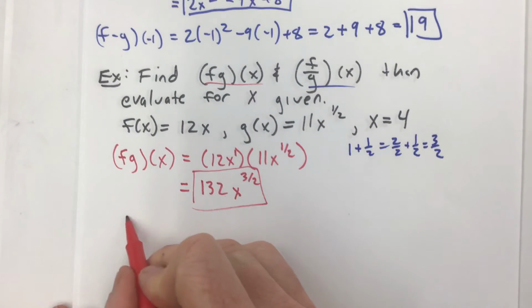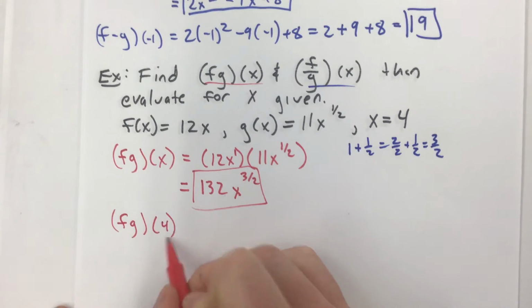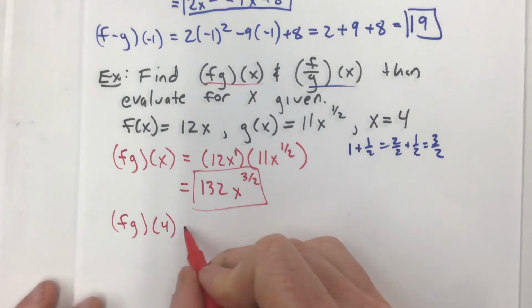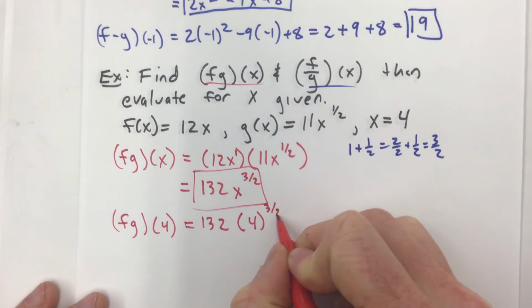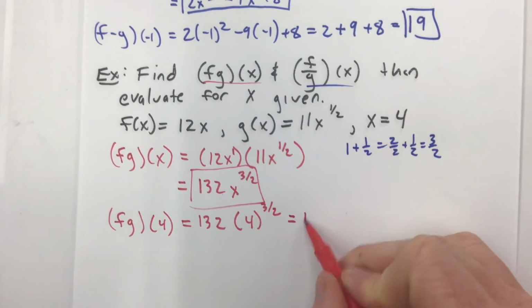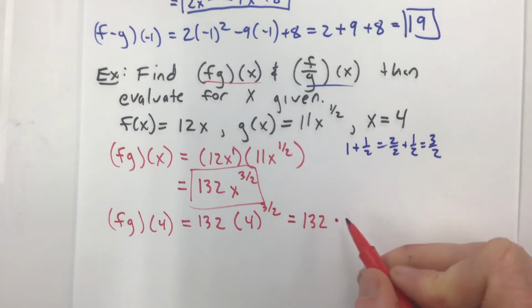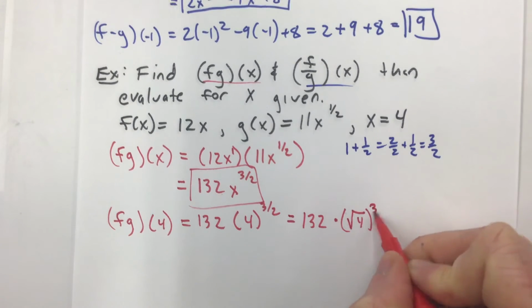Now we need to find f times g of 4 equals 132 times 4 to the 3/2 power. Now, in this case, the fractional exponent actually creates more of an issue. Okay, I could in my calculator find what 4 to the 3/2 power is, but just to solidify some of our math, that equals 132 times, this becomes the square root of 4 cubed.